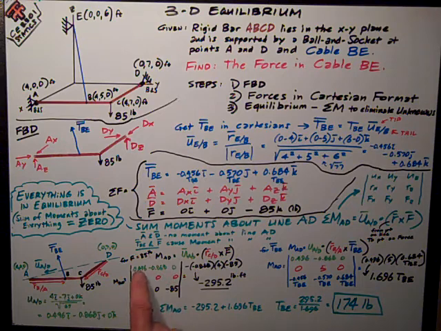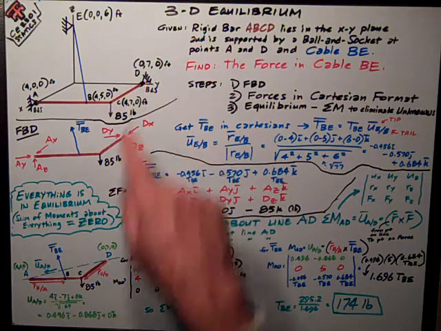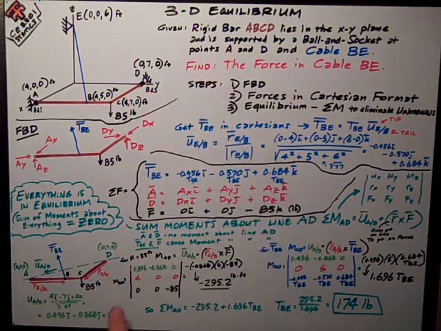So I've got the unit vector on the top, and then R_C/D down here, which is the coordinates of C minus the coordinates of D: 4 minus 0, 7 minus 0, and 0 minus 0, so I get 4, 0, 0 for that position vector. On the bottom row I have my force vector 0, 0, negative 85, which is coming from up here where I've expressed all my forces in Cartesian.